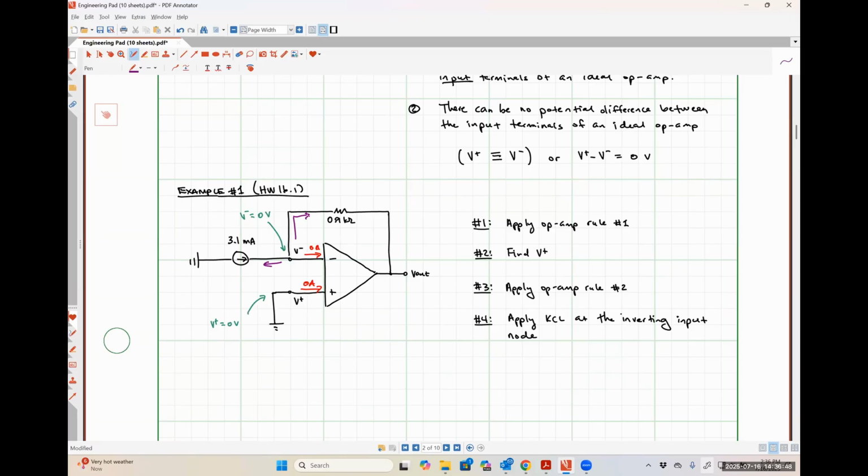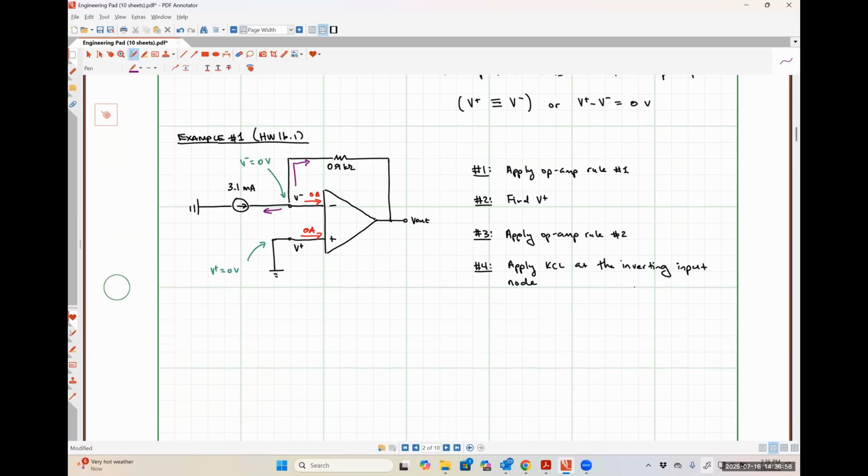I don't need to worry about the current that's flowing to the right into the inverting input terminal because I know that that is 0. So what's my current flowing to the left through the 3.1 milliamp source? Negative 3.1 milliamps. Thank you. That is absolutely right.